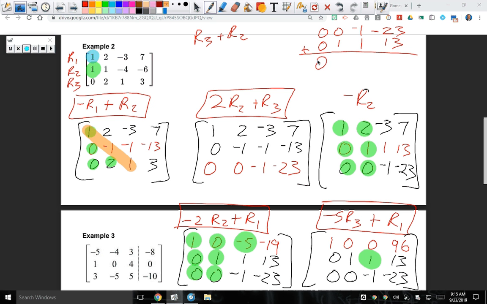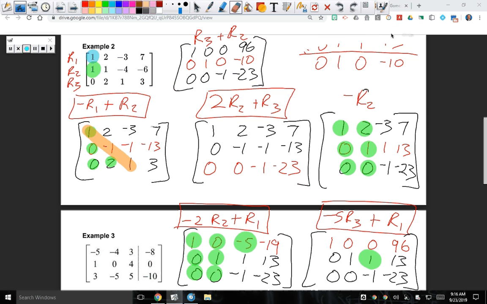The 0 stayed the same, which I wanted it to. The 1 stayed the same, which I wanted to. And bam, this became 0. And this is negative 10. So my second new row is 0, 1, 0, negative 10. Everything else stayed the same. And we are almost there.